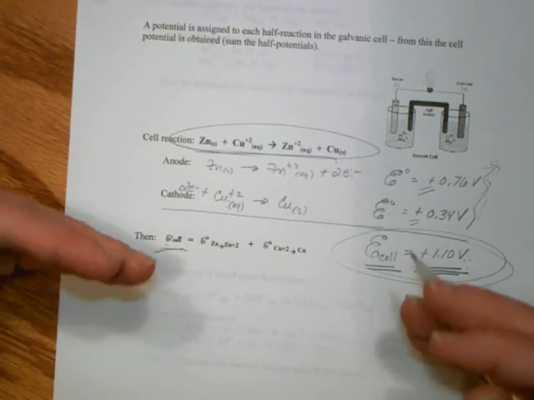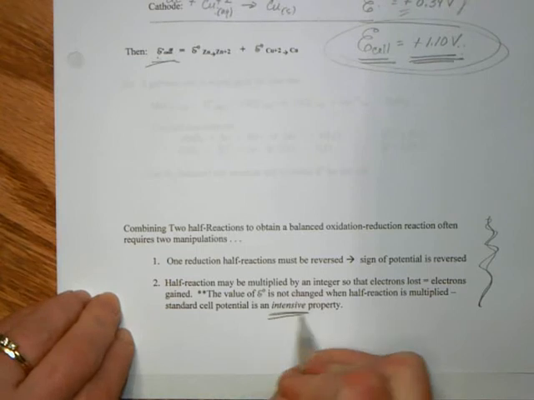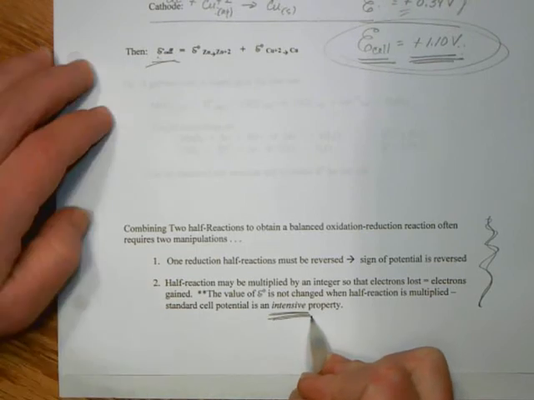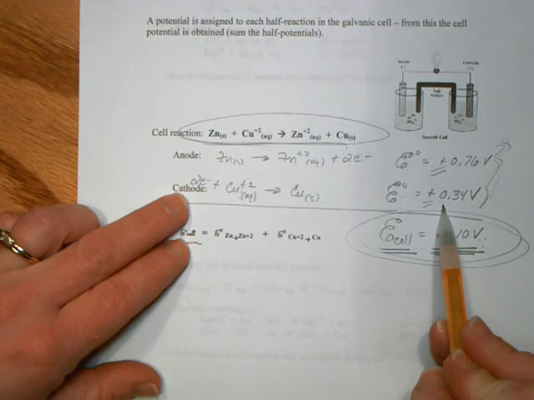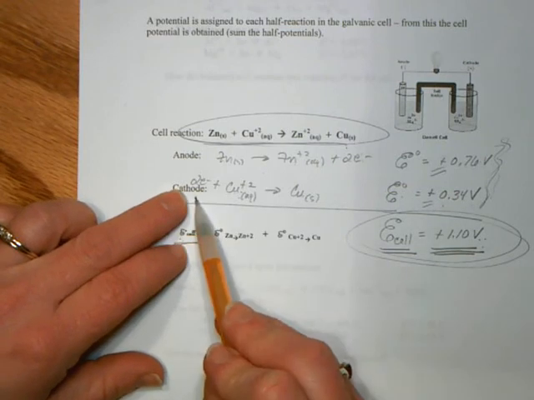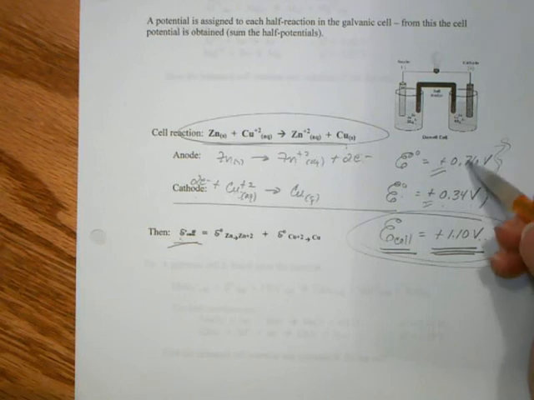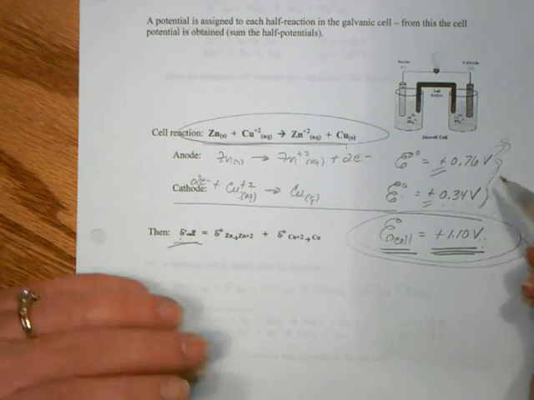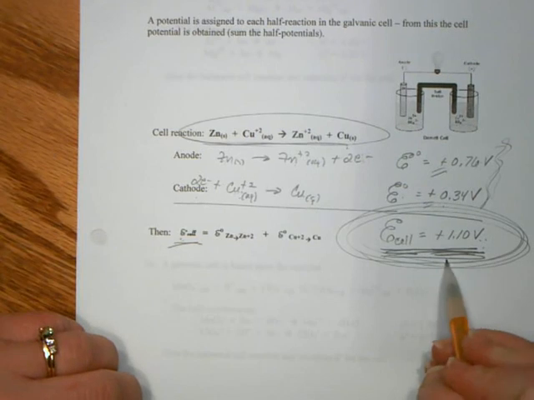EMF, cell potential, is an intensive property. Intensive. It doesn't depend on the amount. So if you had to multiply this through by 10, this EMF stays the same. Divide this out by 5. This EMF stays the same. The only thing that can happen is that you reverse the sign to get the overall positive value for your cell.